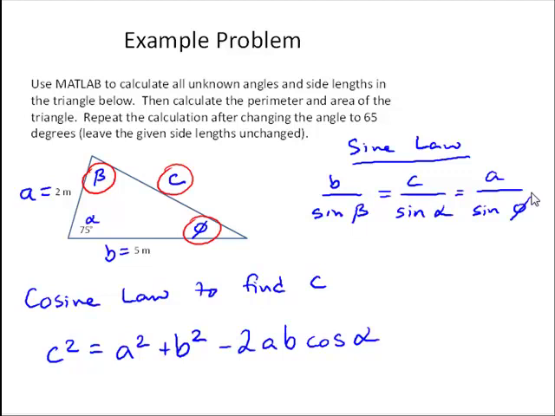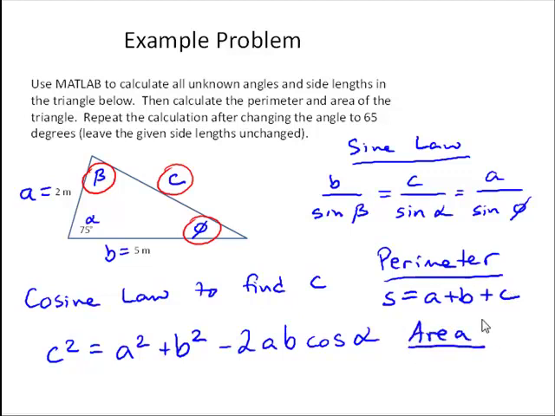Now we know how to find all of the angles and the side lengths, but now we need to find the area and the perimeter. Well, for the perimeter, that's easy. Let's call that S, and that's just going to be a plus b plus c. For the area, big A is 1/2 times base times height.